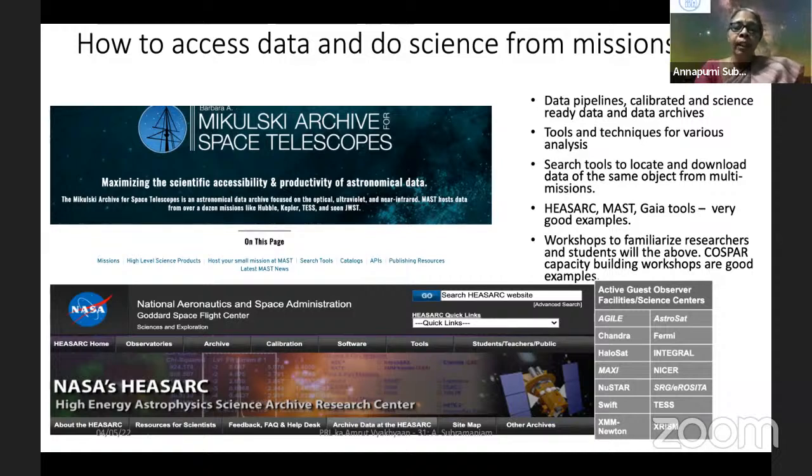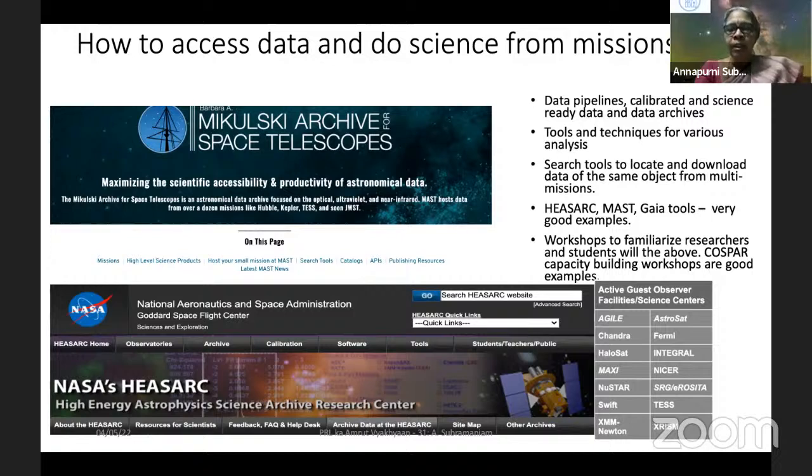Not only do they give data from various missions, they also provide tools and techniques, which are very important, such as the Gaia tools. They are really important for an astronomer or a scientist to make use of the mission. So you don't have to go into the nitty-gritty of each mission, but you will be able to use the data and do your science.